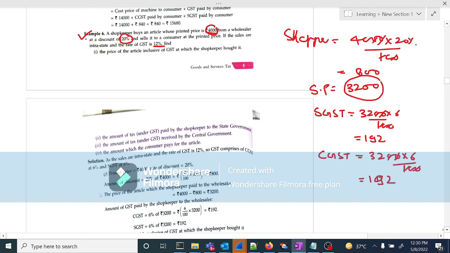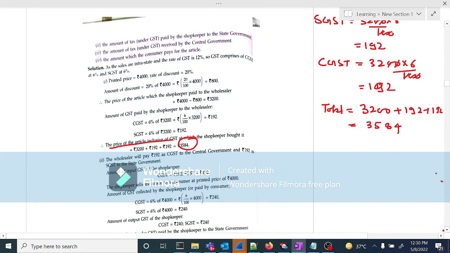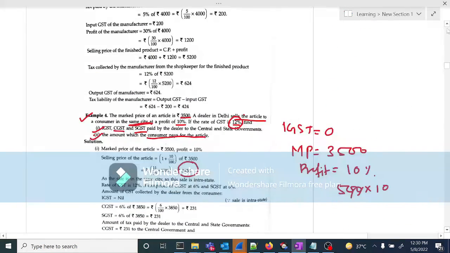So total cost is 3,200 plus 192 plus 192. That is how much? 3,584. So this is the price of the article, and it has GST also. Then what happened? Second part, we'll see the second part.